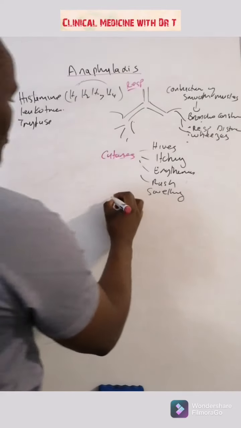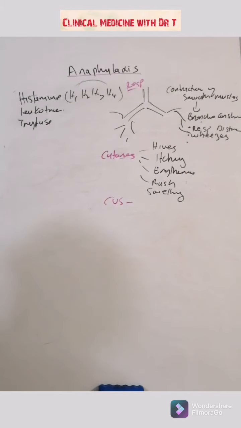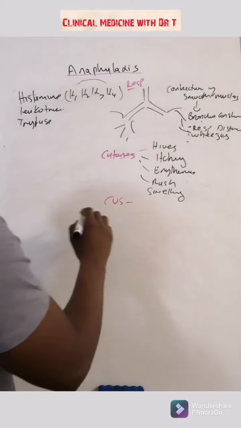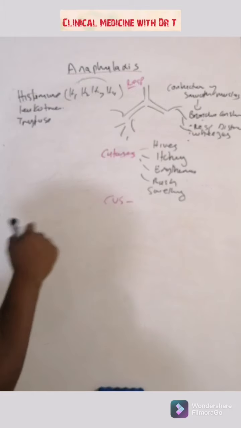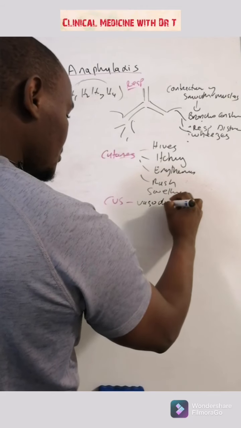And then you've got CVS. This is one of the big problems with anaphylaxis. Those histamine receptors, when they are being activated, cause vasodilation.